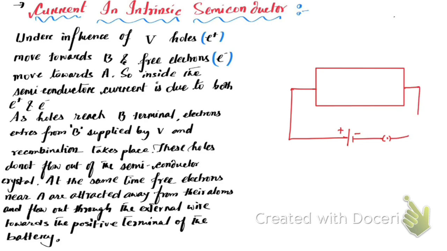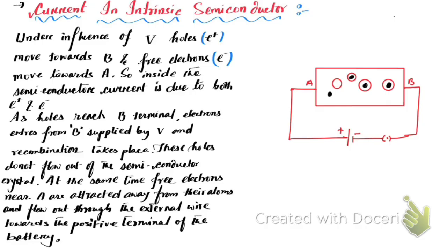This is the battery, this end is A, and this end is B. Now at room temperature, as I have already explained, a few electrons will jump from the valence band to the conduction band. Those will be free electrons, available in the conduction band.